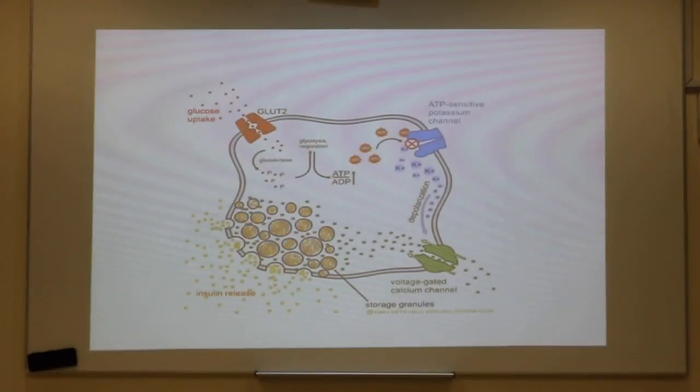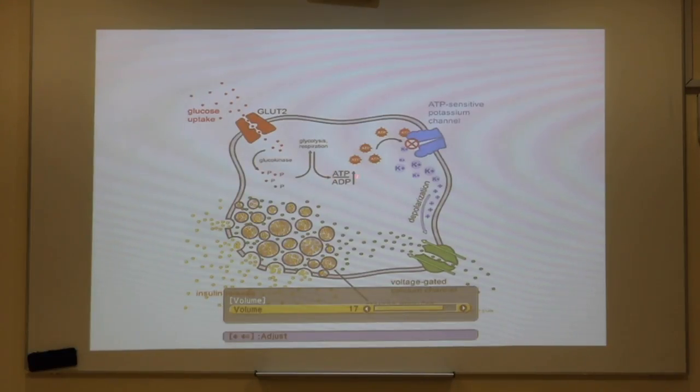Now this is the cellular mechanism of how the beta cells are going to secrete insulin. When you have high levels of glucose in the blood, the glucose is going to enter into the beta cells through the GLUT2 receptor, and as it gets into the beta cells, it is going to be responsible for the formation of ATP.